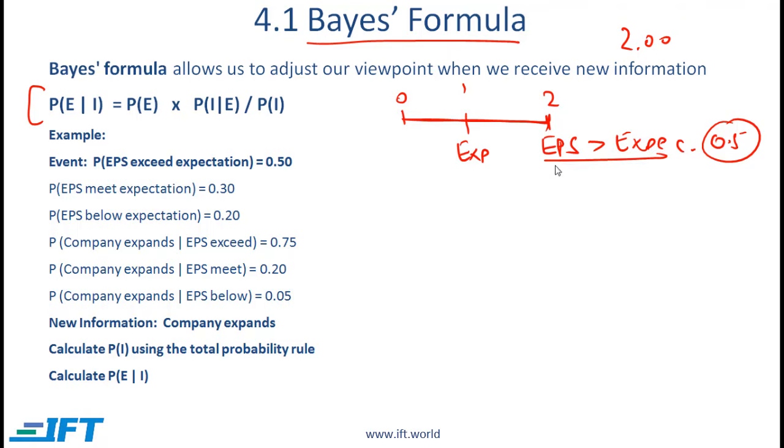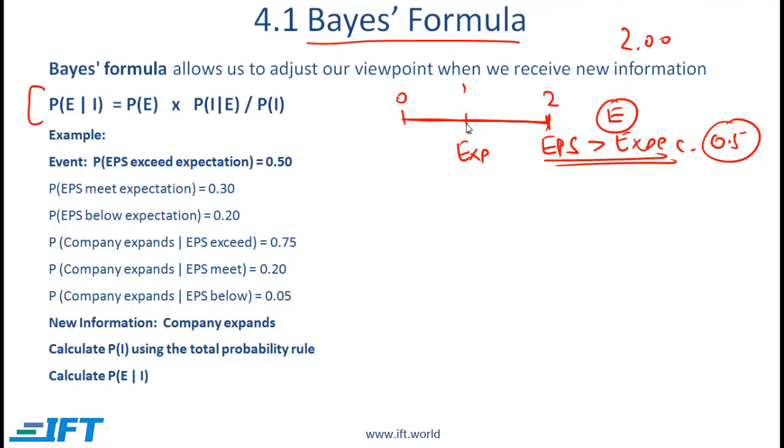This is our event, denoted by E in the formula. And the probability of this particular event, i.e. earnings per share exceeding expectation, let's say equals 0.5.